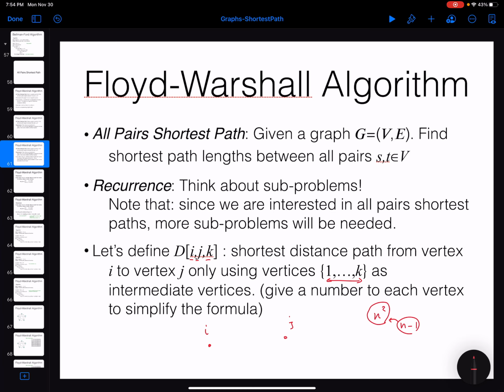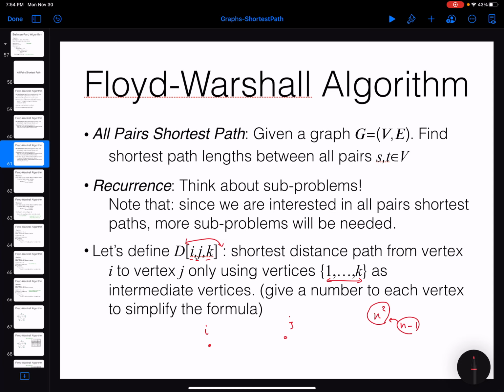Instead of that, I am going to work over the vertices. So I don't care how many vertices have been used here. What I care about is that you can only use the vertices from 1 to K. It doesn't mean that you are using K edges, but it's just forcing you to use only this set of vertices.